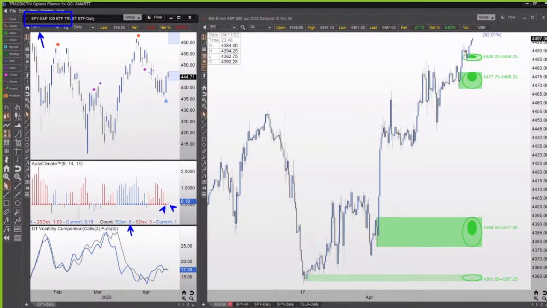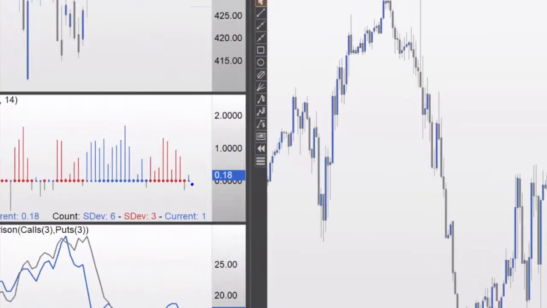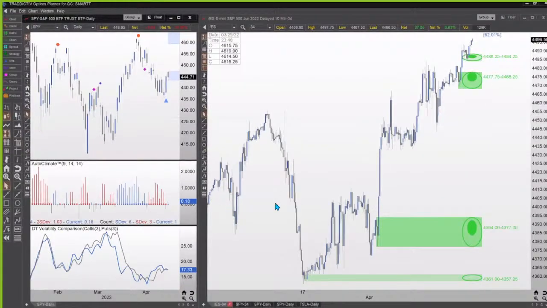That's what is expected based on statistics. Having said that, a note of caution: notice how some of those dots, like today's, are thin, while some are thick. The thick dots represent a greater probability in our favor.